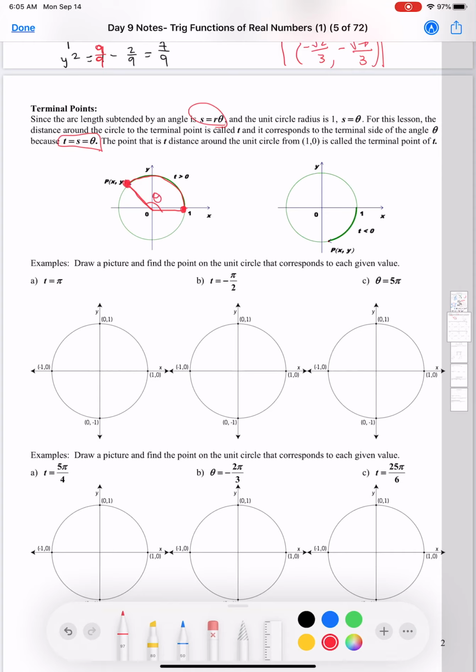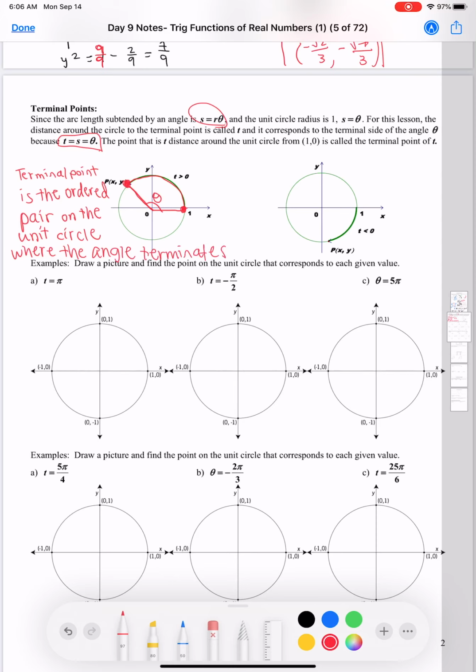Okay, and so the terminal point is the ordered pair on the unit circle where the angle terminates.